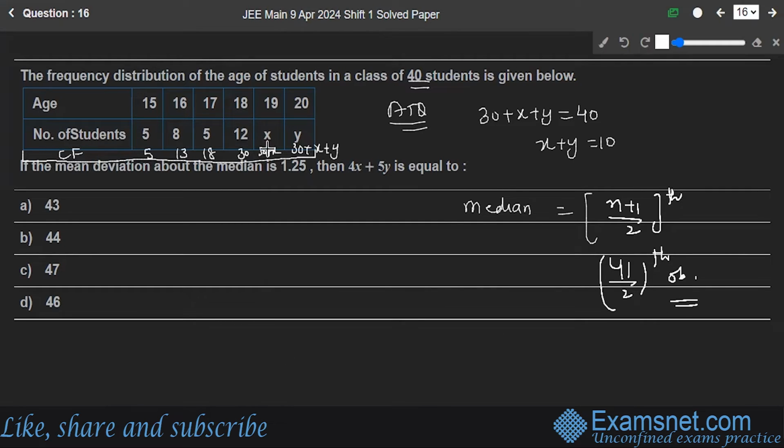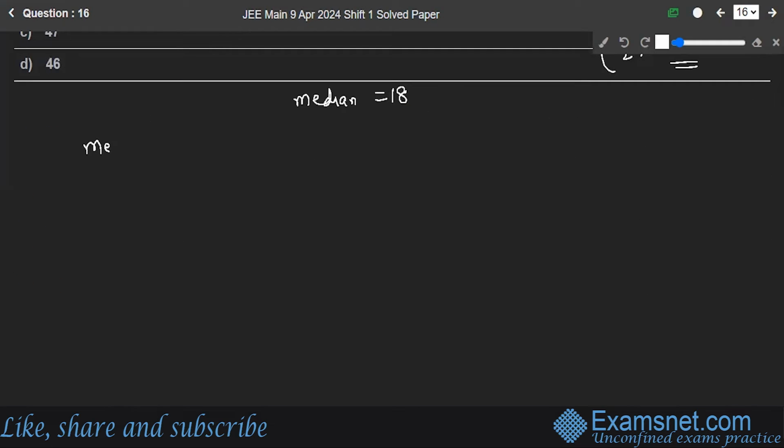And for this, the cumulative frequency, this is approximately 20.5, right? So I'll be taking the age as 18. Median will be taken as 18 in this case.